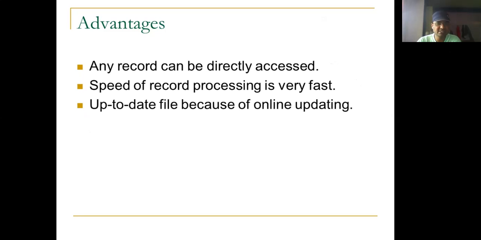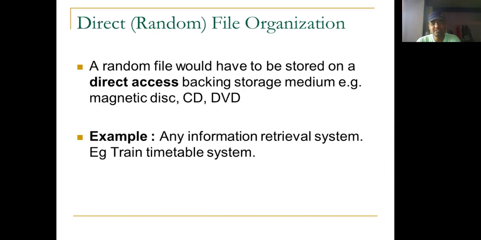The next advantage is that the file is up to date because of online updating. We already know that an example of a random file organization is any information retrieval system, for example, the train timetable system.